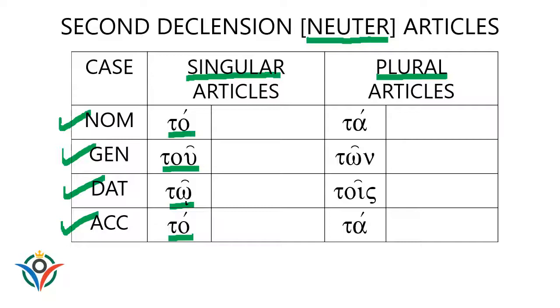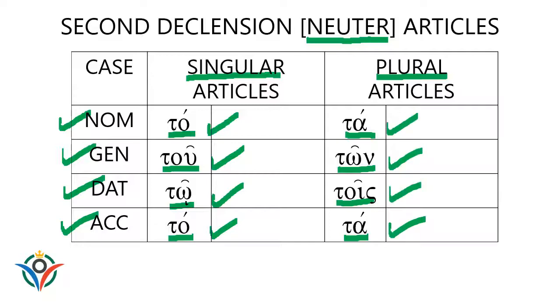Let me say those for you again. The singulars, nominative, to, genitive, tou, dative, to, accusative, to. Then the plural forms, the nominative, ta, genitive, ton, dative, tois, accusative, ta. One more time, ta, ton, tois, and ta.